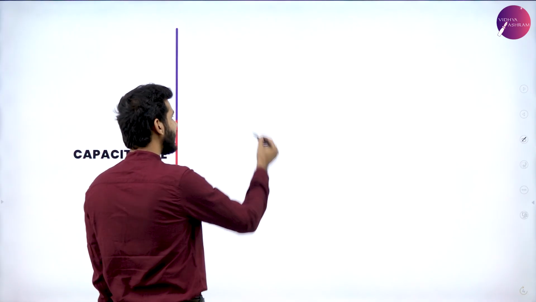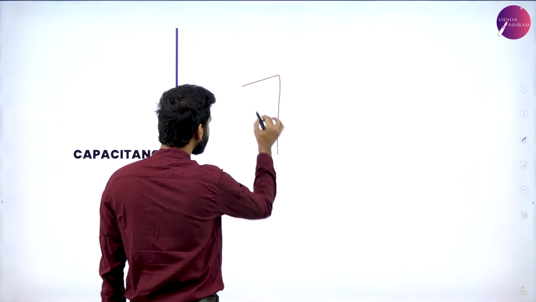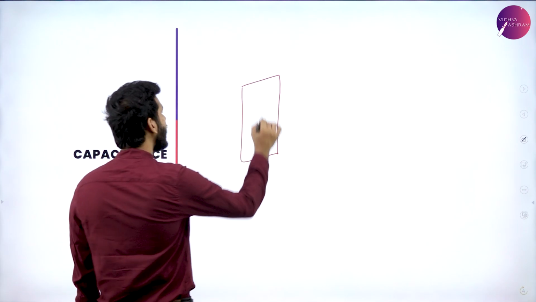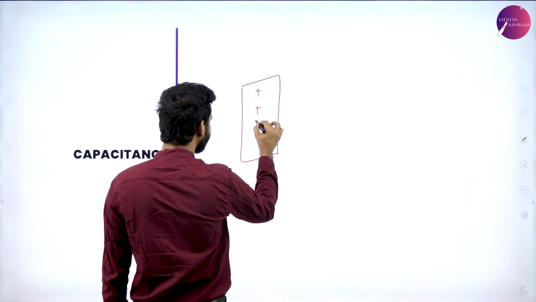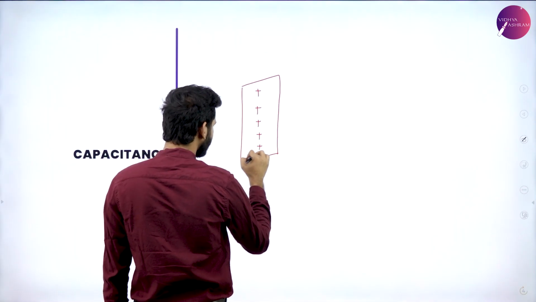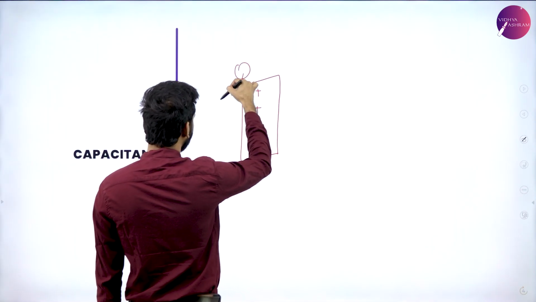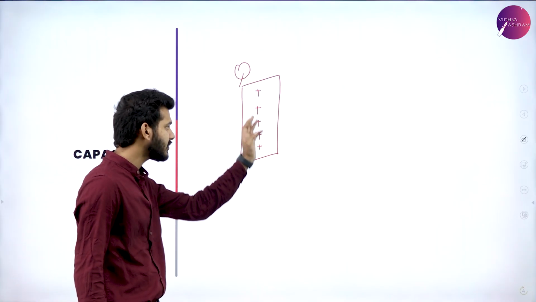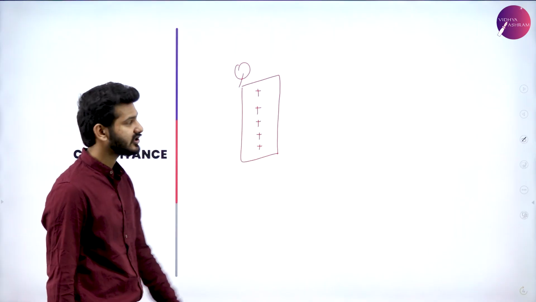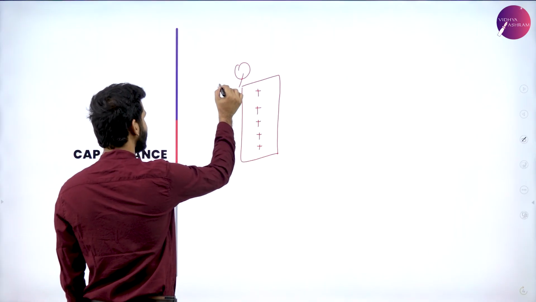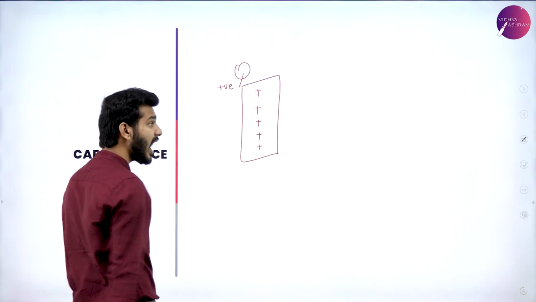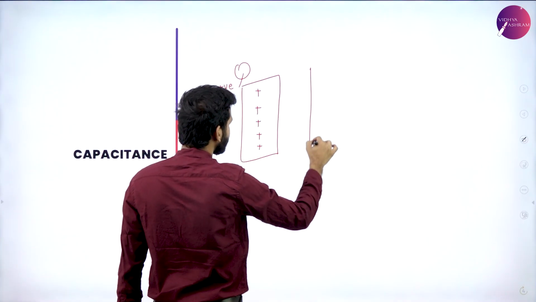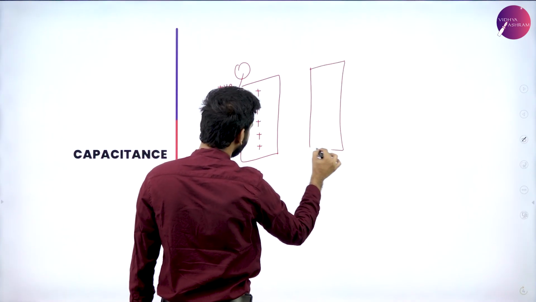So imagine that I have a sheet like this, and that particular sheet is positively charged. I have kept a Q here, which is a source charge, making this particular sheet positively charged. And now what I'm going to do is take another conductor and keep it here.